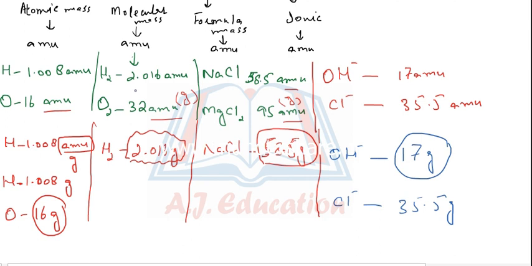Similarly, if there is 2.016 AMU molecular mass of hydrogen, then 2.016 grams will be the molar mass of hydrogen. Similarly, the formula mass of NaCl is 58.5 AMU, and 58.5 grams will be its molar mass. What we just have to do is replace the AMU with grams. We will have the molar mass of that substance.